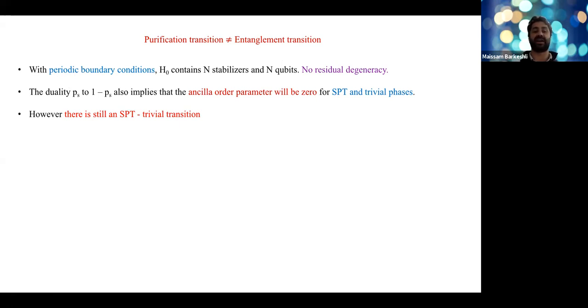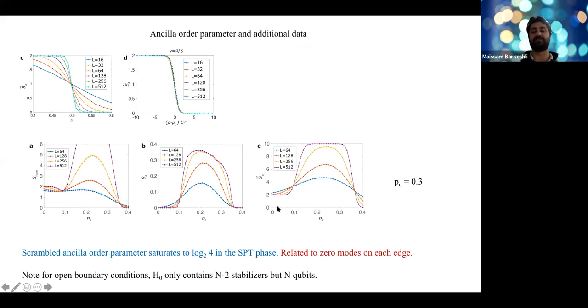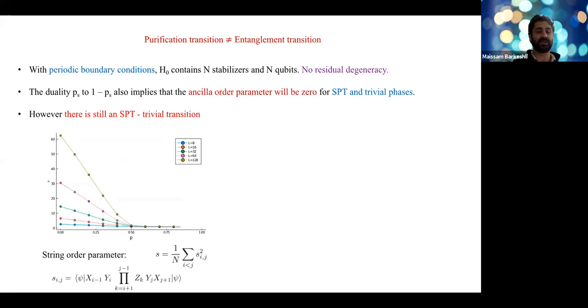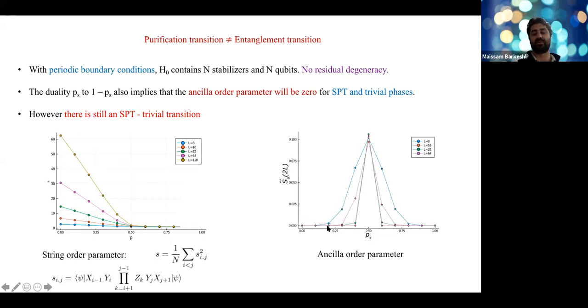So this ancilla entropy will be 0 in both the SPT phase and the trivial phase, so it cannot distinguish them. However, there will still be an SPT to trivial transition that you can diagnose. You can diagnose it by looking at the string order parameter, for example, that I had introduced earlier. So that is still non-zero even with periodic boundary conditions, but the ancilla order parameter will be 0 on both sides and will only show the critical points if you have periodic boundary conditions.